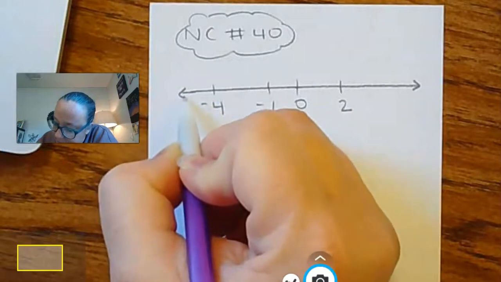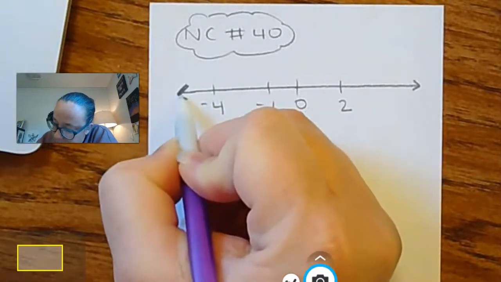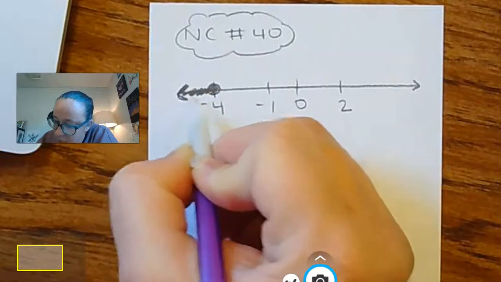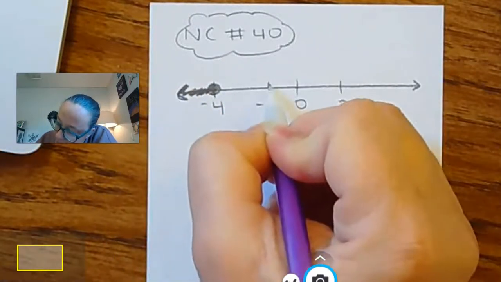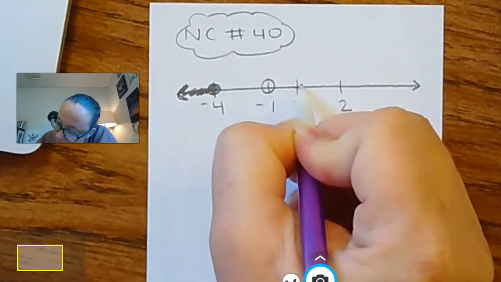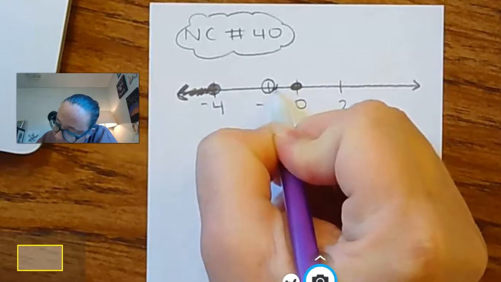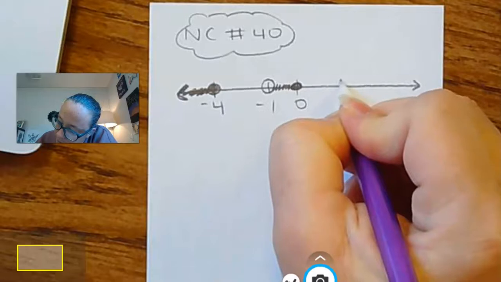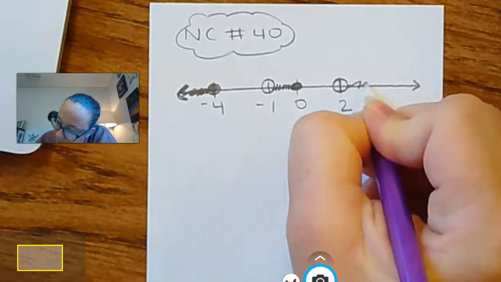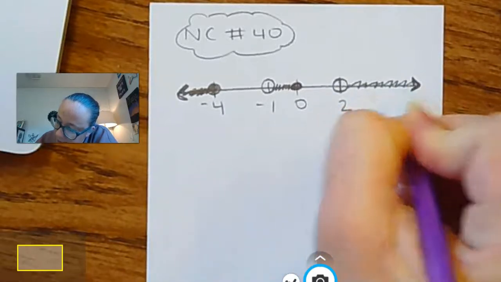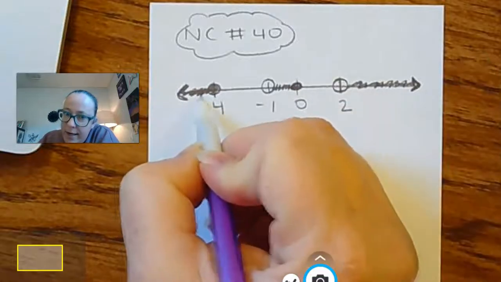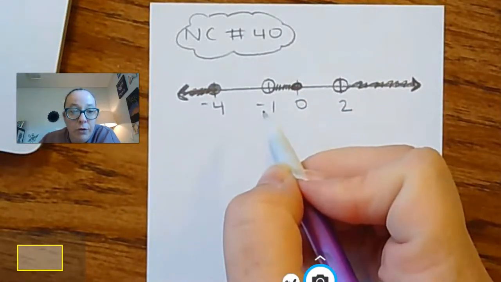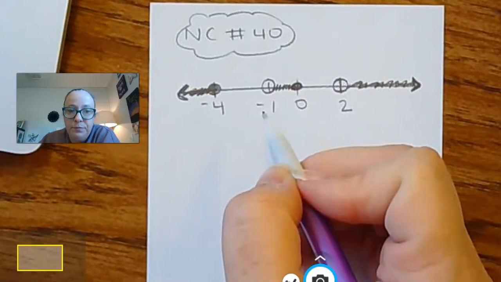All right, so let's do some shaded that way, and then shaded there, and then shaded that way. So I have 1, 2, 3 sets. So I will need a union in my interval notation.